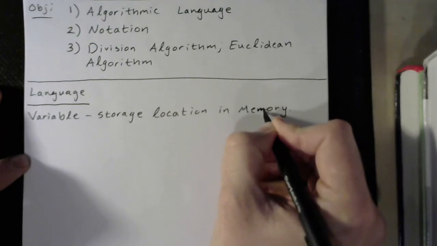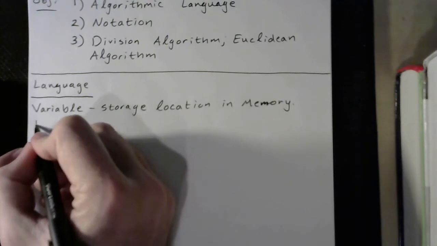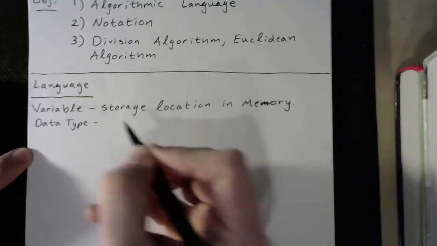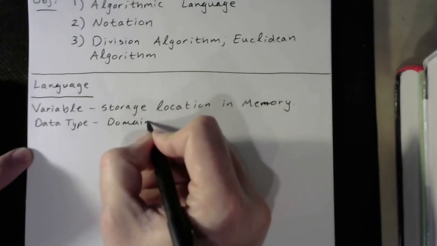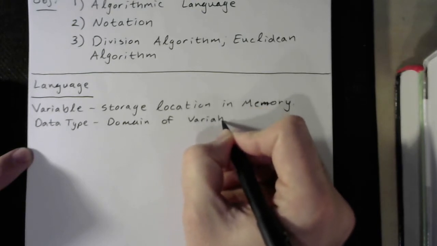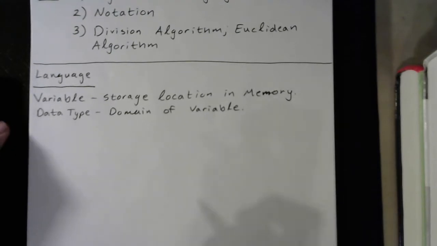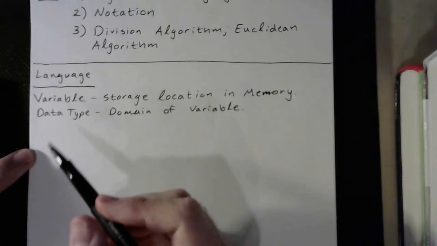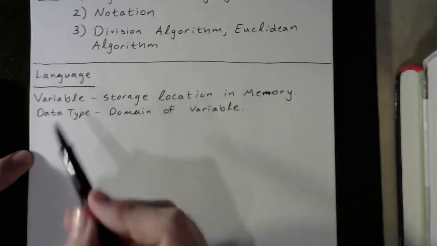Whatever is tracking the thing you're looking at, that's your variable. Our data type is the domain of the variable. You're used to this, its data type would be like float or long or integer or maybe string. It's whatever you are going to be putting into your variable.